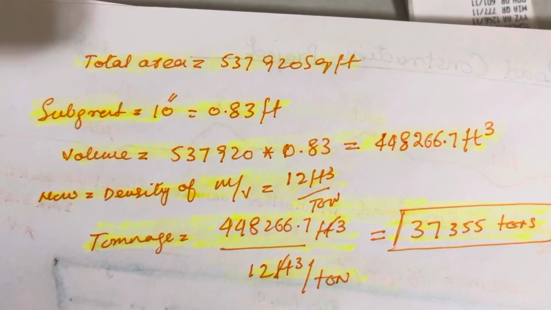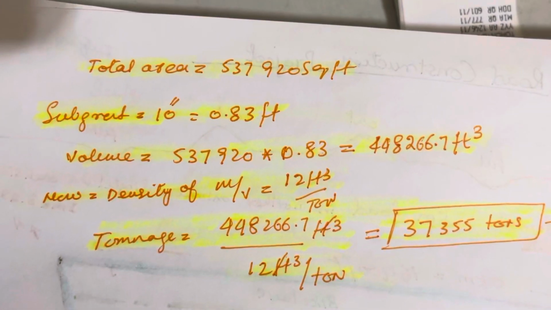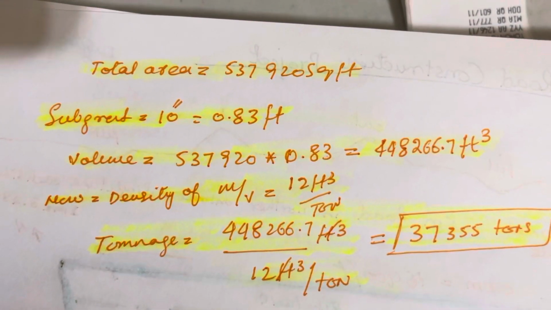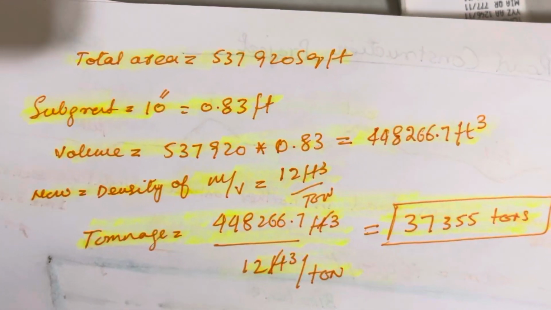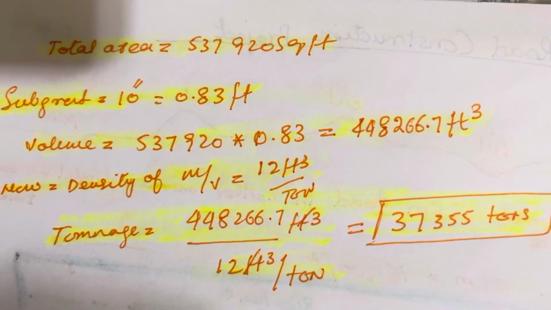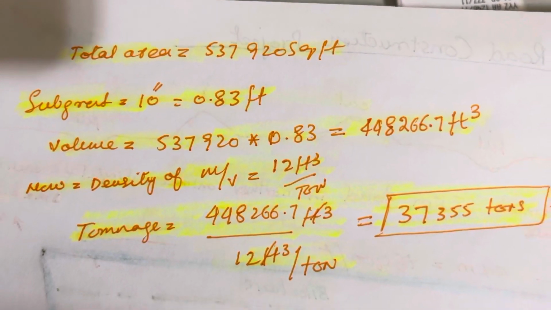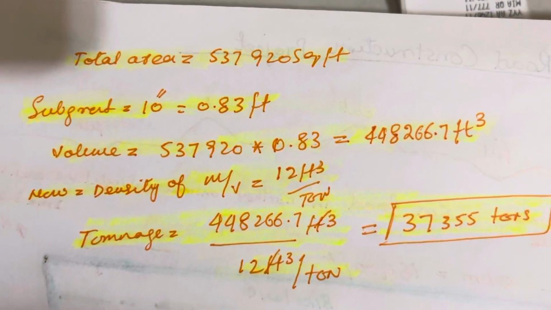So how much tonnage do we need for this 10 inch thickness of subgrade? Divide the volume 448,266.7 cubic feet by 12 cubic feet per ton. So we got 37,355 tons of material for the 10 inch subgrade thickness before compaction.